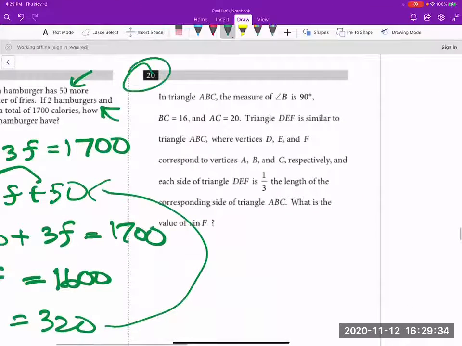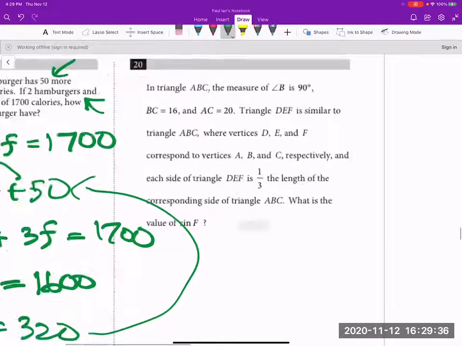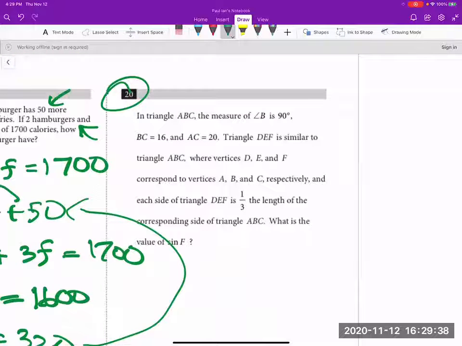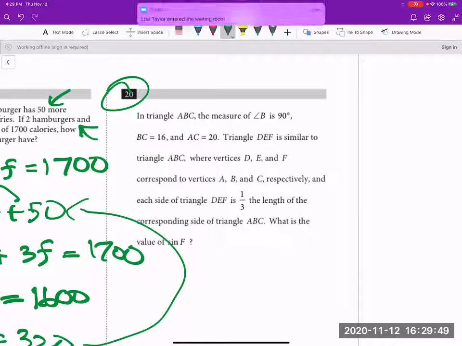Number 20. Let's see if we can do this really fast. In triangle ABC, the measure of angle B is 90 degrees, BC equals 16, AC equals 20. Let me skip through what you will have to do.